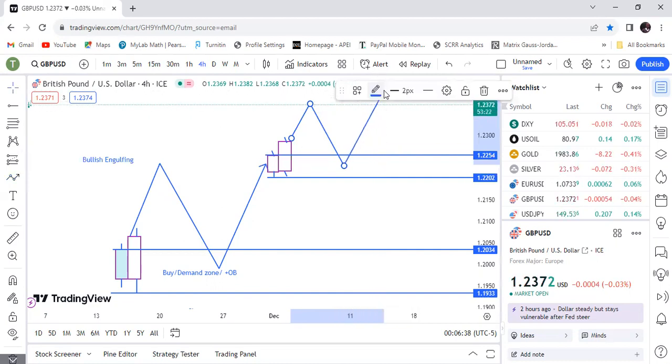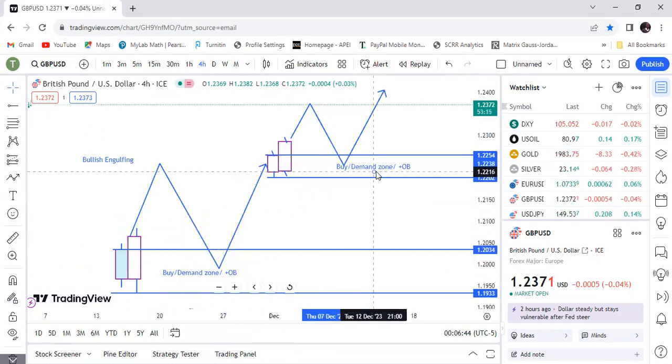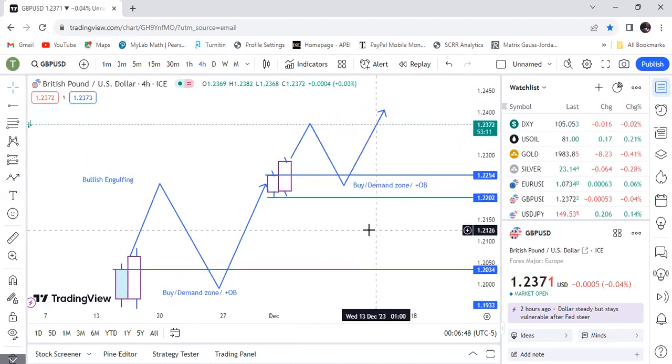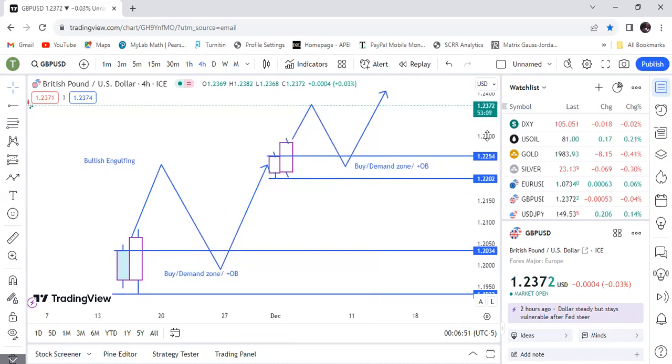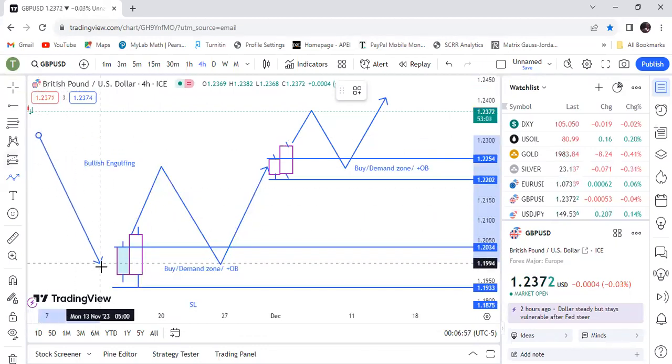We want to be buying from this region, the buy zone or demand zone. Basically, in the first scenario, this happens when we have a downtrend.